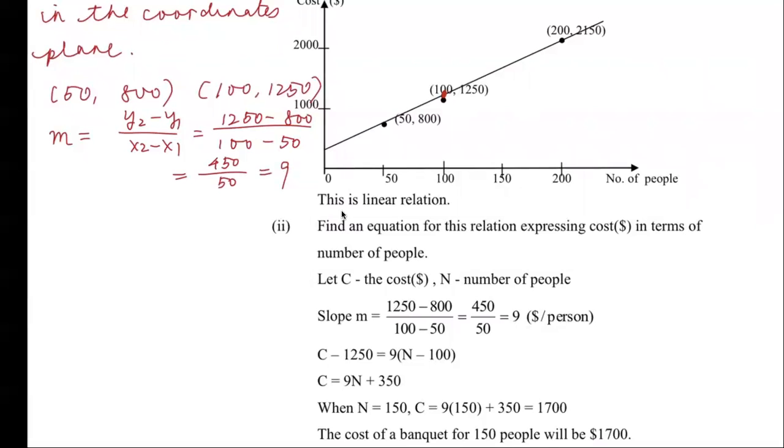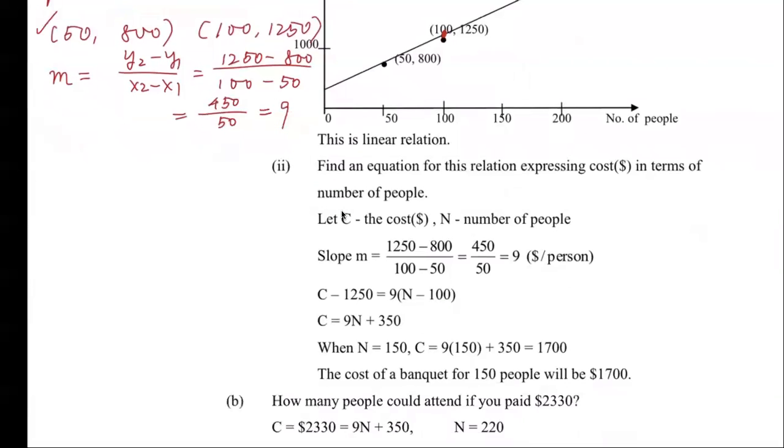Now we have the slope and we have 2 points, right? This is something that we're familiar with too. We can use the slope and either of these 2 points and use the point slope form to find the expression. So let me just use this point. So we have m is equal to 9. We got this result from the previous step, right?